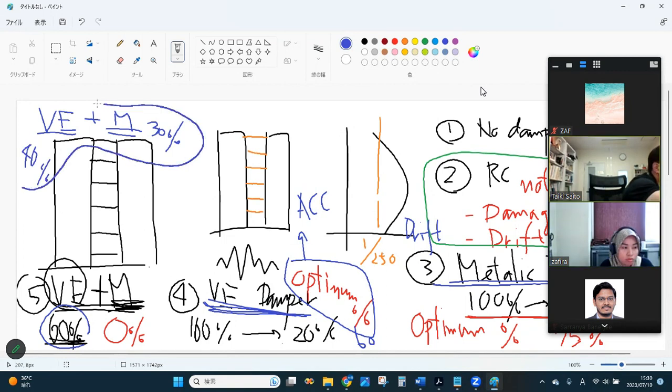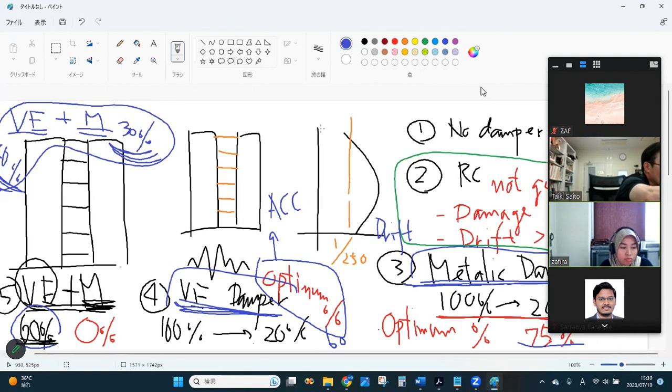So the best answer is to use more. If you combine two dampers, you can reduce more compared to same damper along the height. Same damper along the height, both percentage is 70% for metallic damper alone, 60% for viscoelastic damper alone. But if you combine two dampers, you can reduce both. So this is the answer, in my opinion.